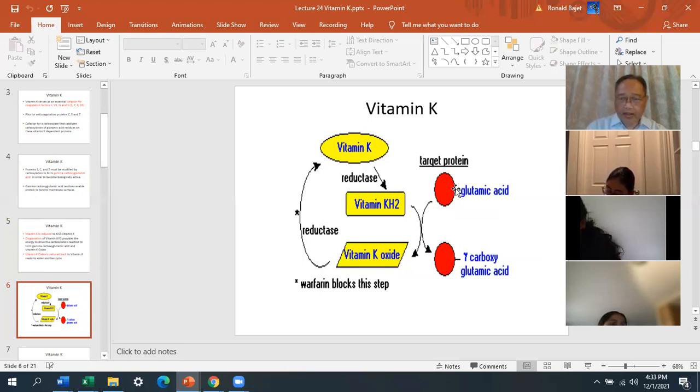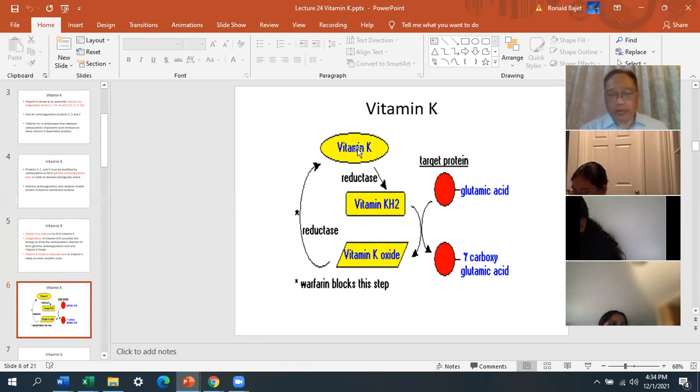But now the glutamic acid will be converted to the gamma carboxyglutamic acid. So this is an important enzyme protein that's needed for other cell processes, the conversion of glutamic to gamma carboxyglutamic acid. Also, the reduced form of vitamin K now becomes the oxidized form of vitamin K.